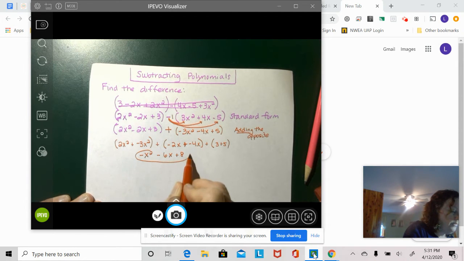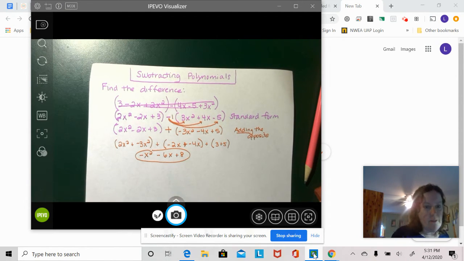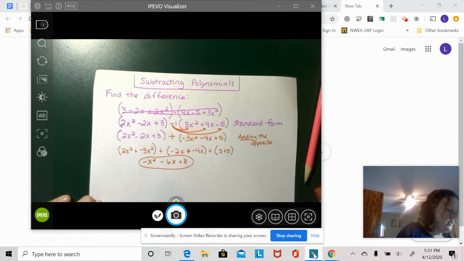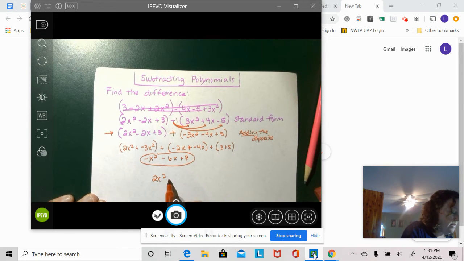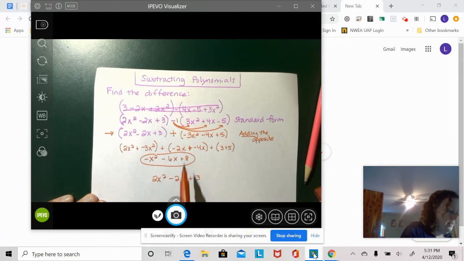If you prefer to do them vertically, you can still do that. Just make sure you're looking at the right ones. So you want to look at this row right here, and you have 2x squared minus 2x plus 3. And here you're adding to it -3x squared minus 4x plus 5.